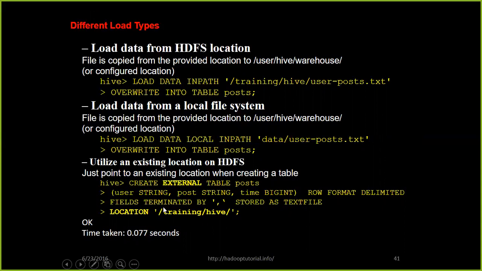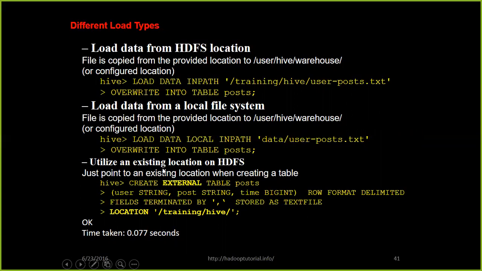If your data is already present in some HDFS location, create an external table, specify the column names, and stored as text file or whatever. If it is already in text file format or another file format, provide that file format and specify the location. It points to that, just pointing to an existing location when creating a table.